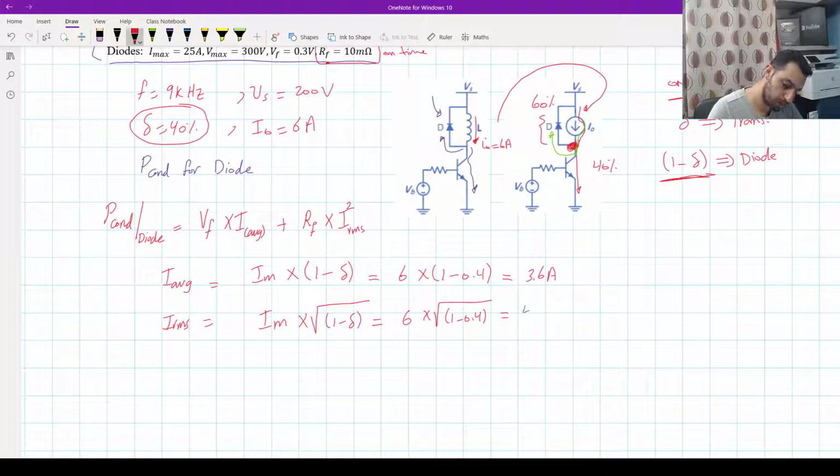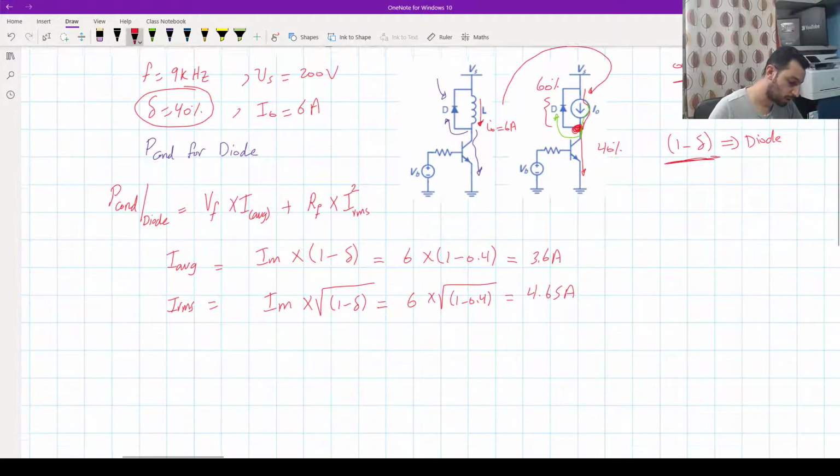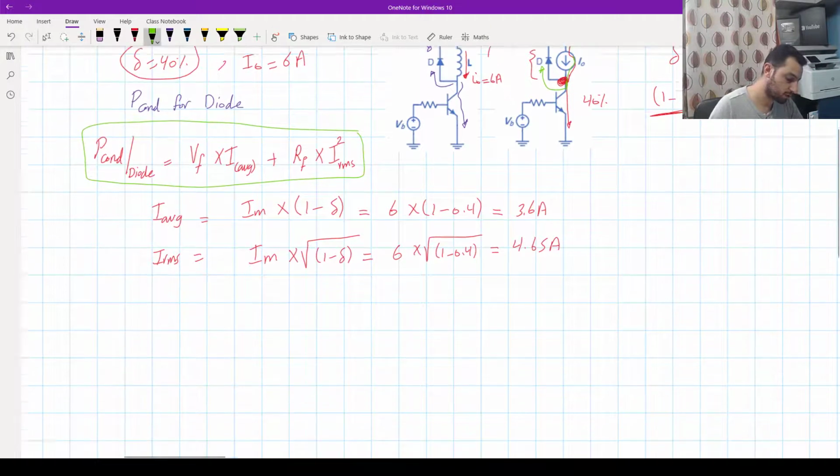And IRMS will be 4.65 amps, okay? So now let's go back to our equation and calculate the conduction losses.